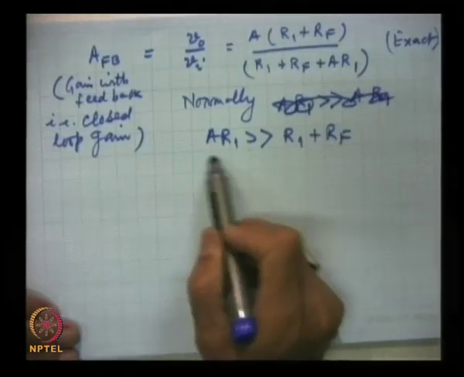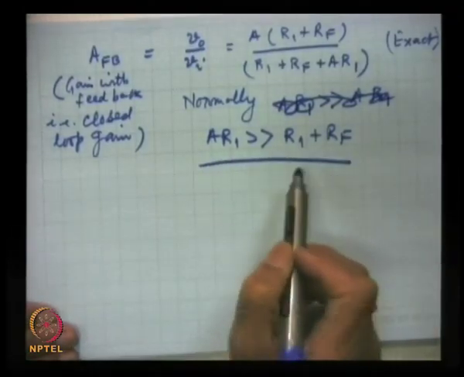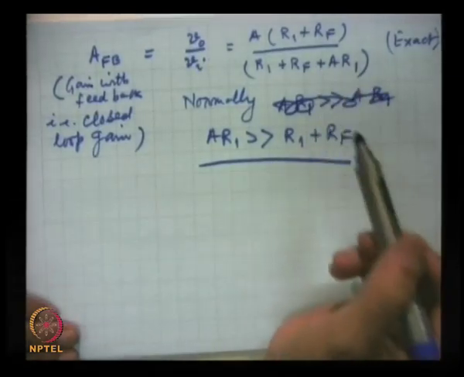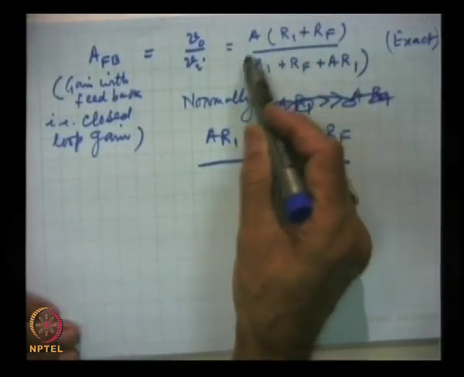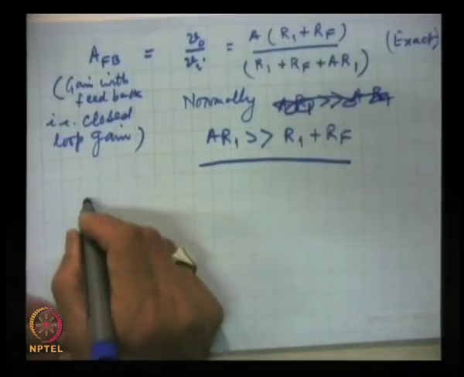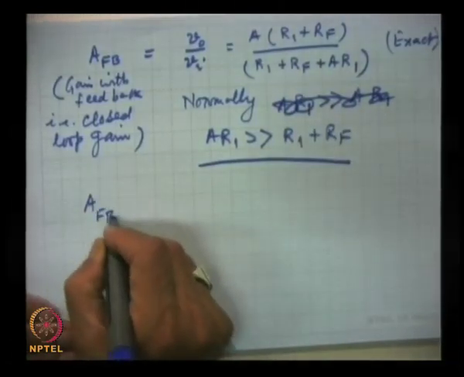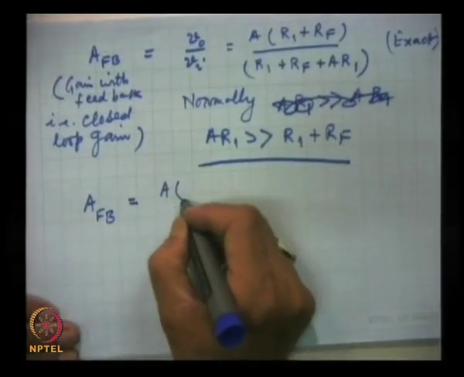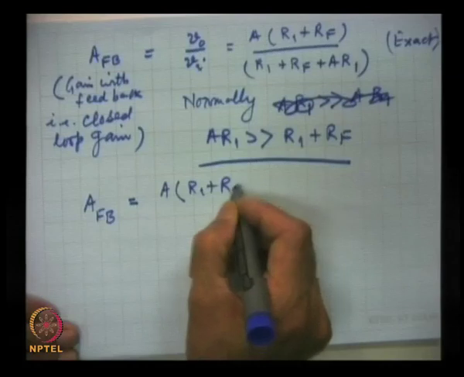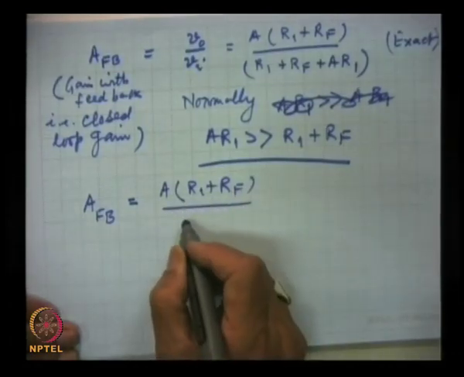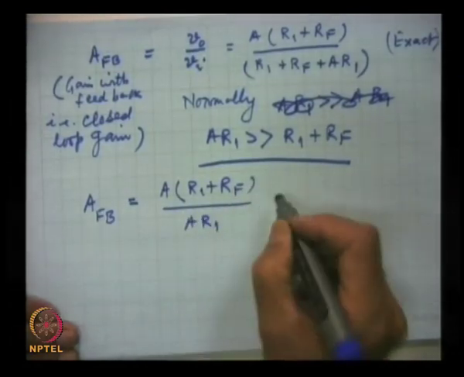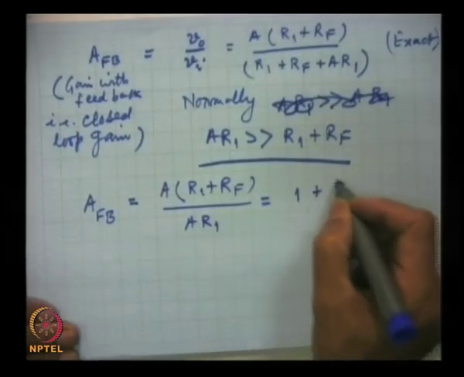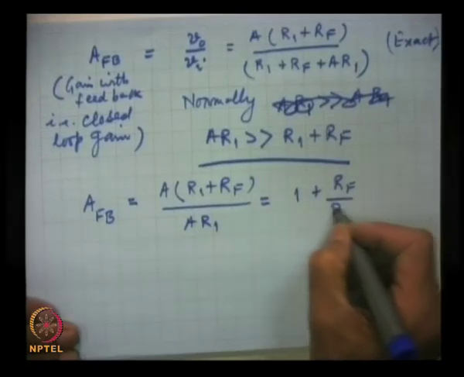So, this condition will be mostly applicable. So, this can be neglected, and then gain with feedback becomes equal to A R1 plus Rf by A R1, or simply 1 plus Rf by R1.